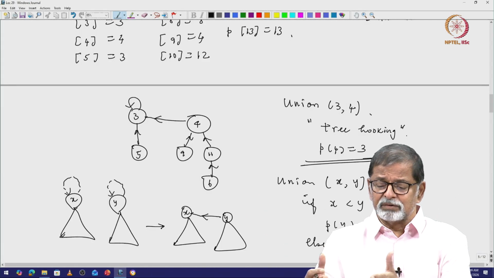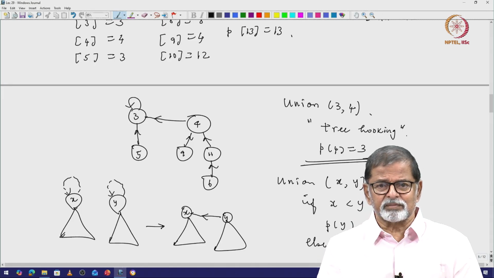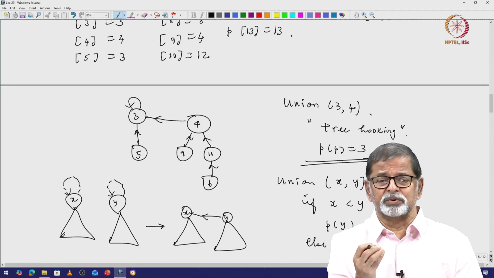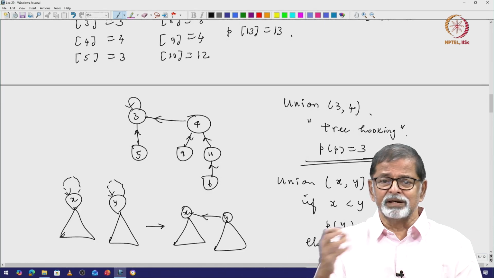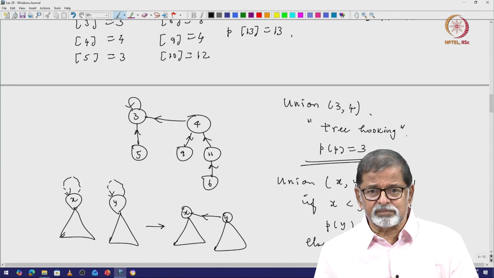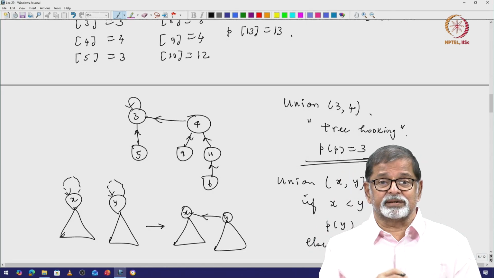So, this picture will clearly tell you how the union is done. Amazing operation, beautiful representation and extremely efficient performance of union. How do you do the find operation?